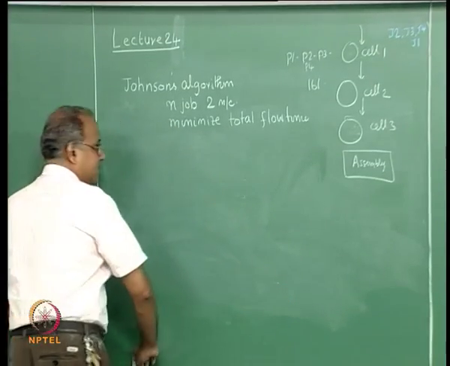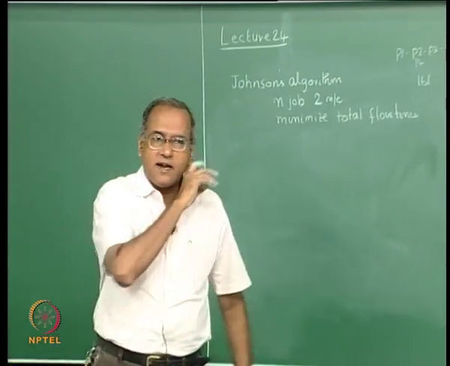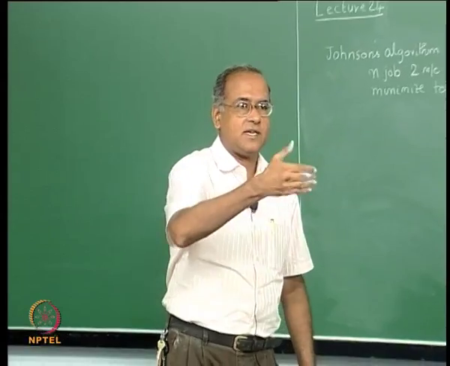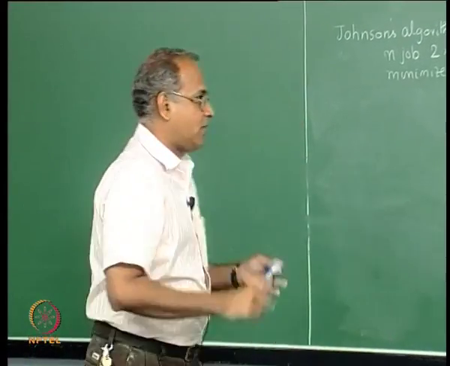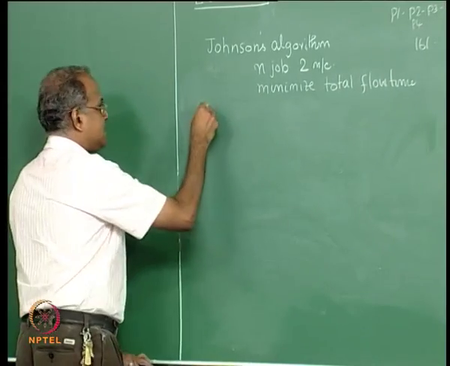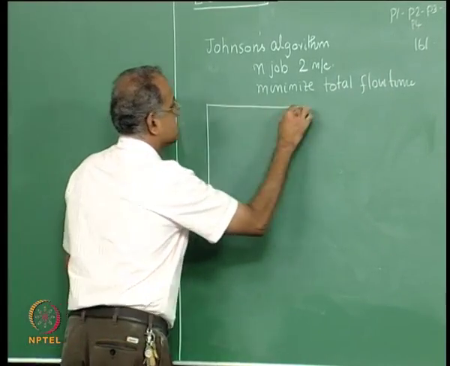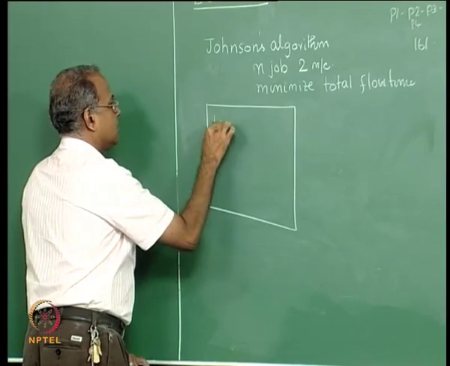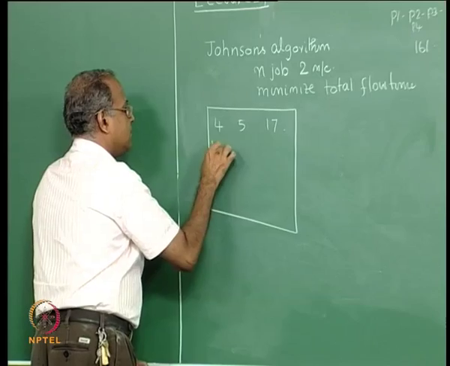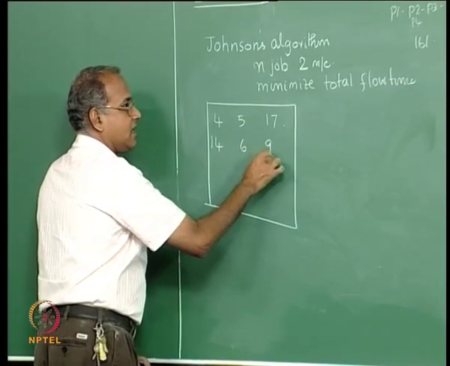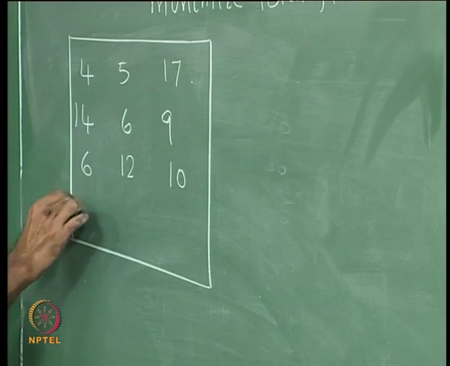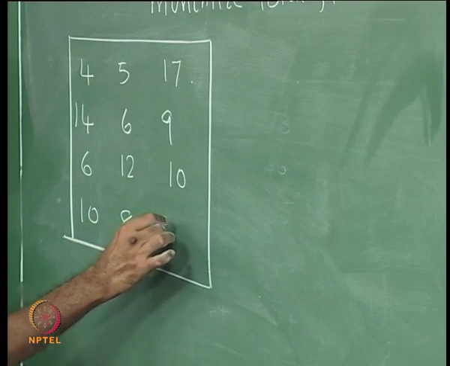What we do in this case is we first compute a certain weight associated with each part. So, if we look at part P1 and this data: 4, 5, 17, 14, 6, 9, 6, 12, 10, 10, 8, 8.